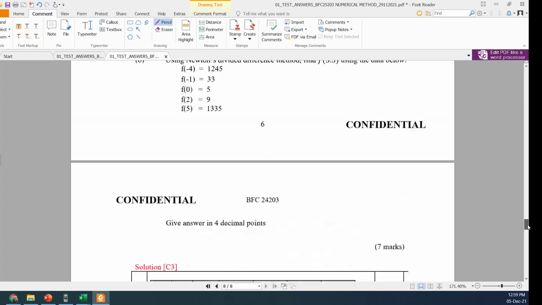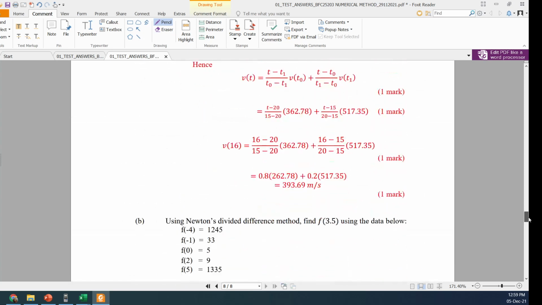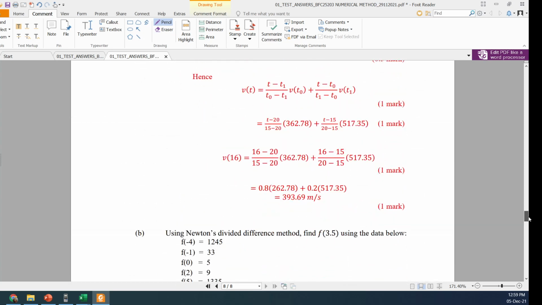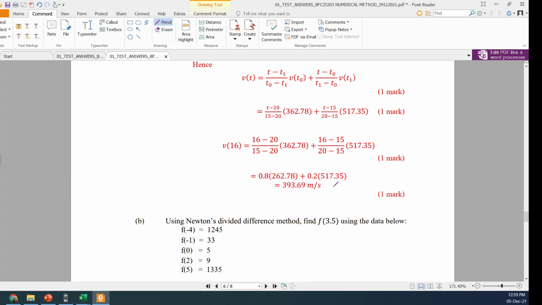And then linear, I think you can perform it manually and easily. This is the result here. Easily you can get, I think, 7 marks. In linear approximation, you want to estimate velocity v(t).